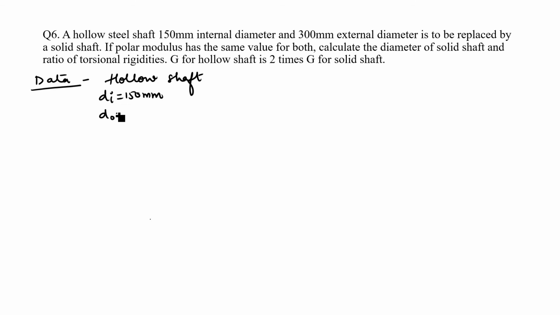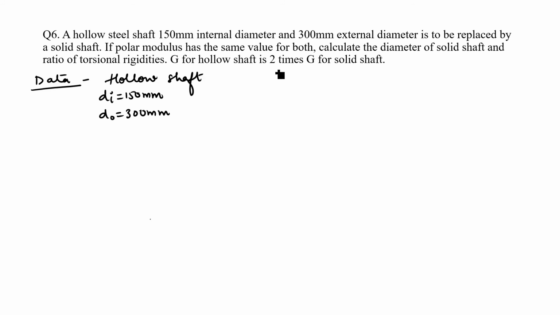So DO is 300 mm. Is to be replaced by a solid shaft if the polar modulus has the same value for both. So the value of Z is same for both the material. Calculate the diameter of solid shaft and ratio of torsional rigidities.